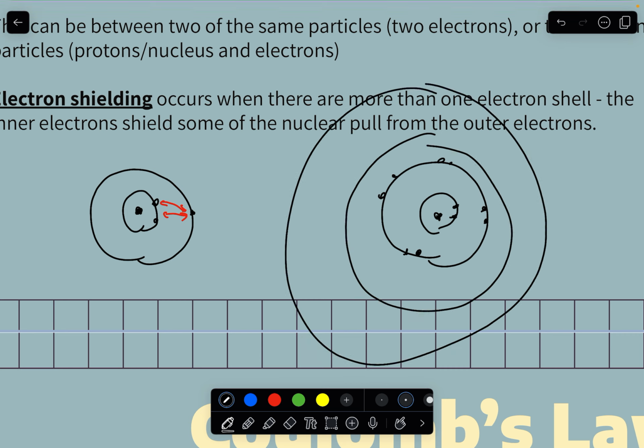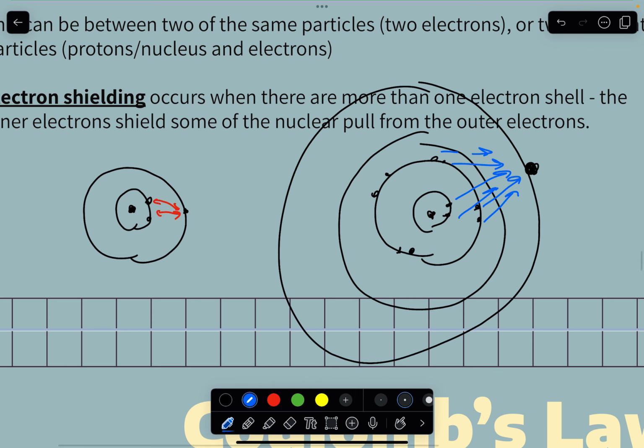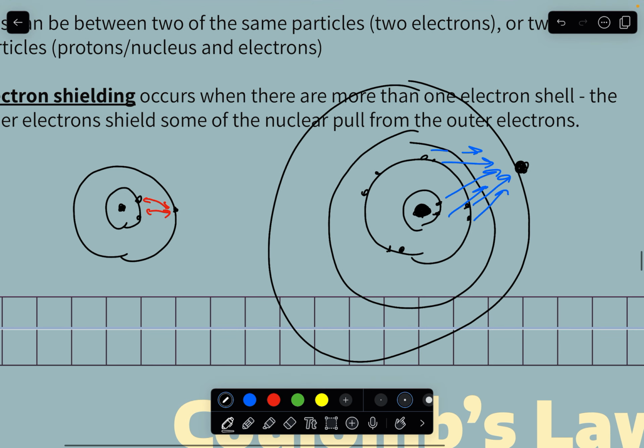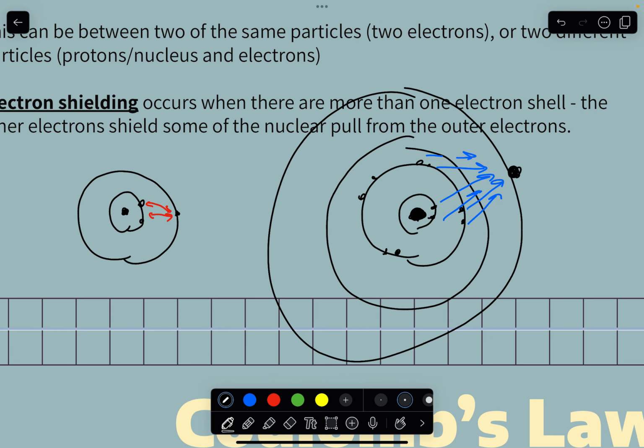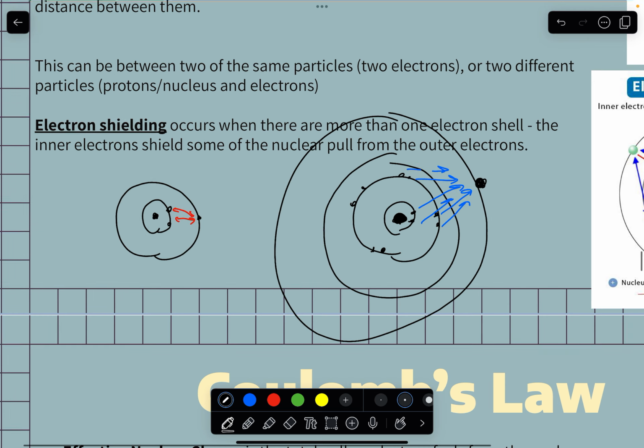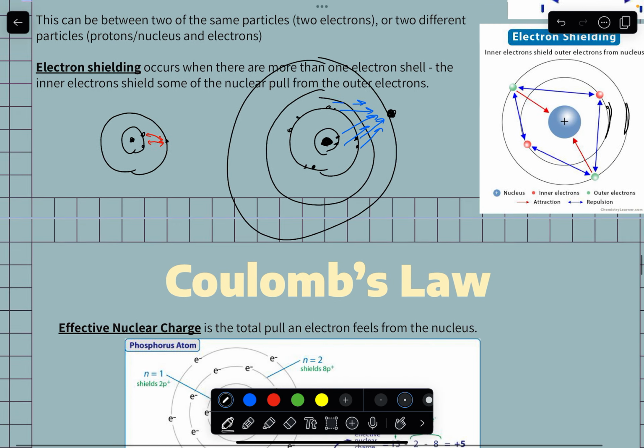I'm not going to draw all the electrons, but this electron, say out here, it's going to get pushed by all of these electrons, all the inner ones. So even though the nucleus is bigger, there's more protons in the center there, the push from the inner electrons still has an effect. Okay, so that's electron shielding. It's the inner electrons pushing the electrons on the outermost ring.